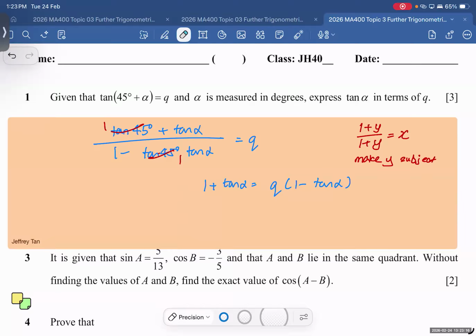Then Y plus XY equals X minus 1. Y times 1 plus X equals X minus 1. Y equals X minus 1 over X plus 1.